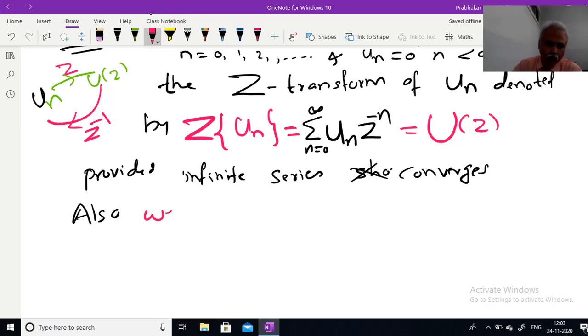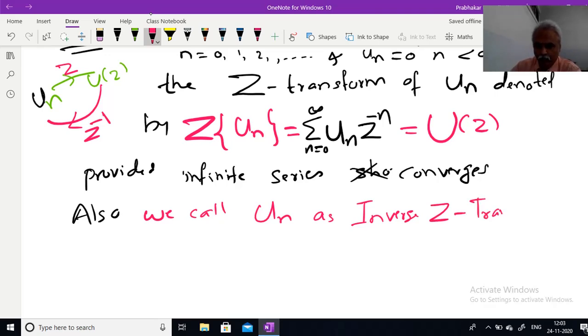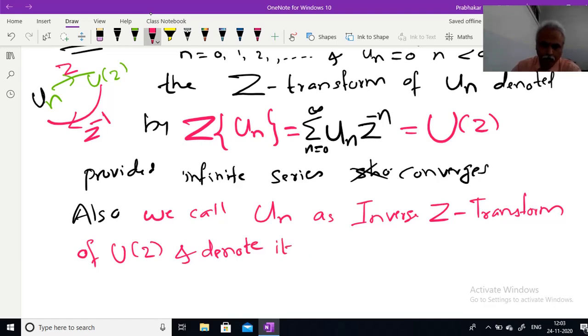Also we call un the inverse z transform of u of z and denote it by z inverse of any z function, which comes back to n function.